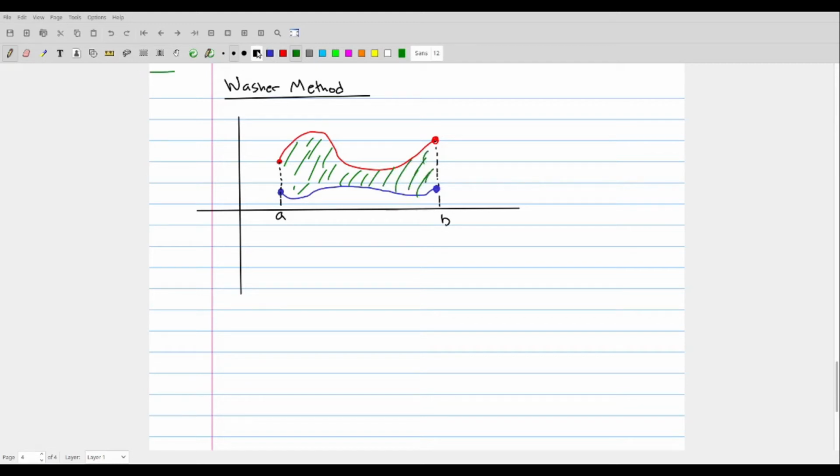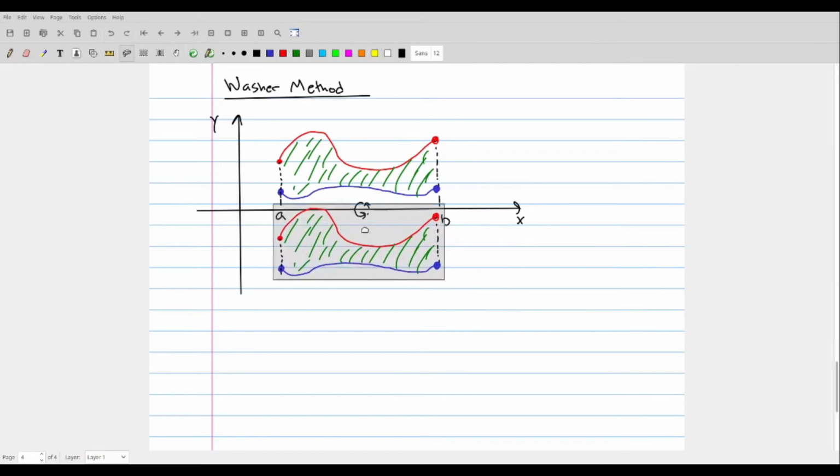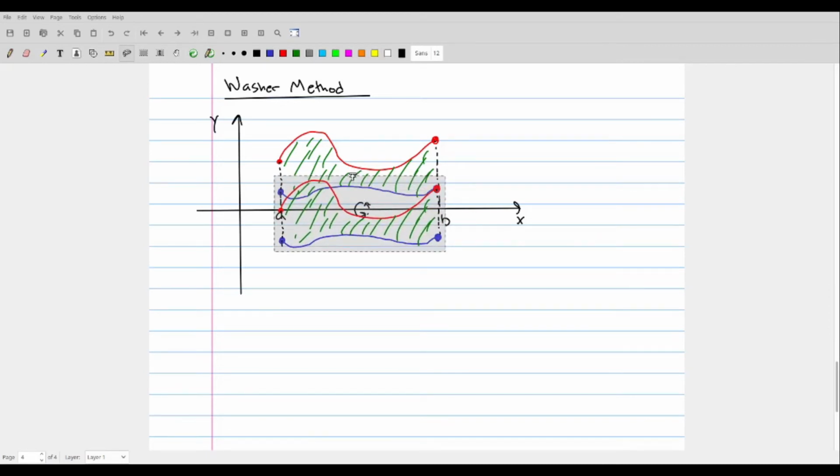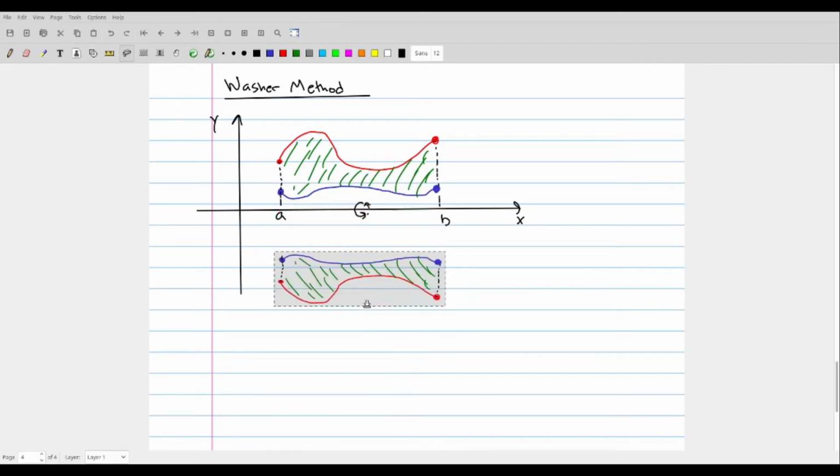If I take these two functions and I revolve both of them around the x-axis just like before, we're going to get a picture that looks like this.